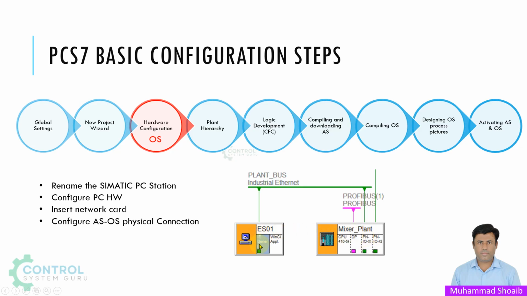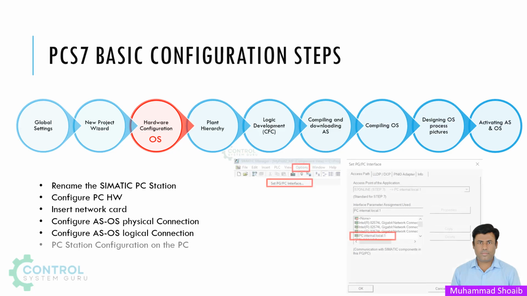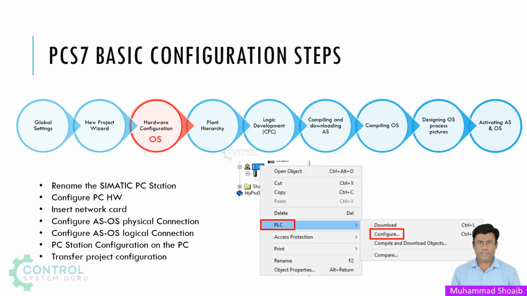It should be physically connected with our IE General. After configuring the AS/OS physical connection, we'll do the logical connection, and after that we'll configure the PG/PC interface. Once our OS hardware configuration is completed, we'll transfer this configuration into the PC.